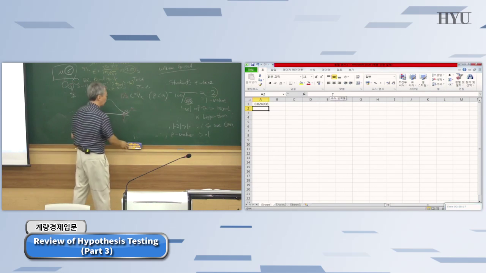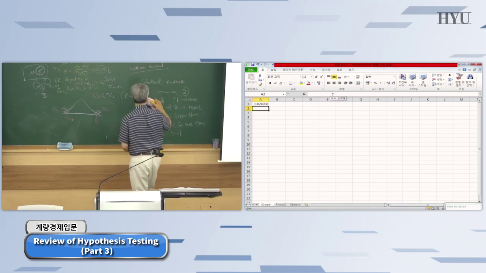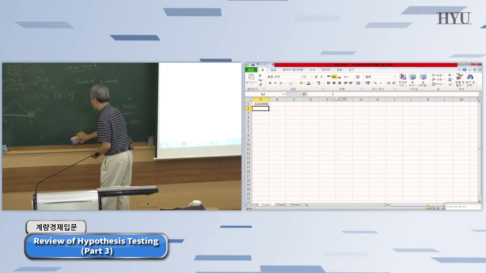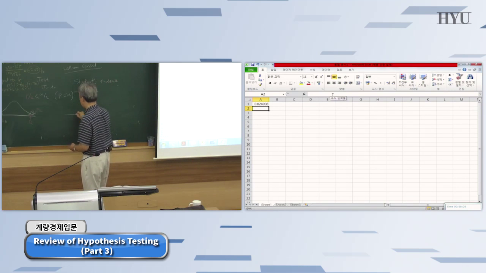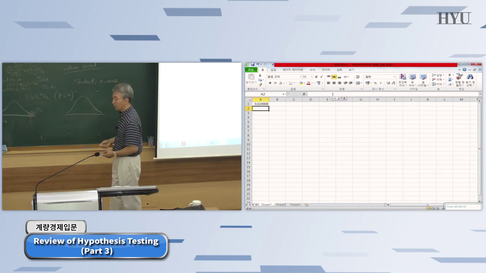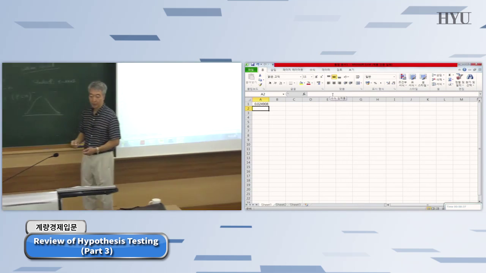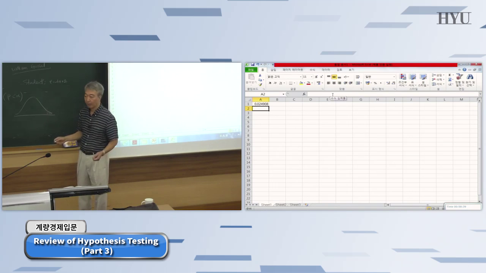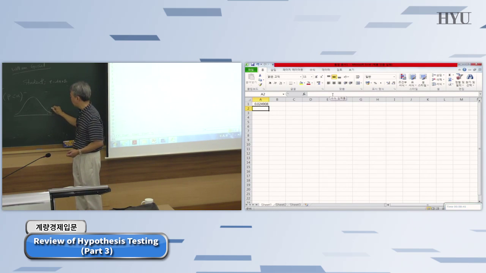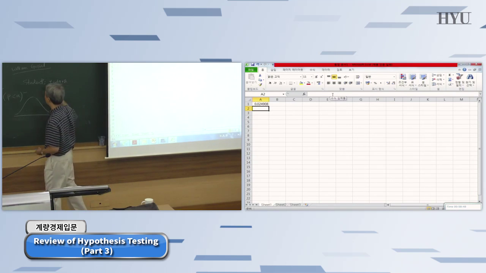Well, if you're running a one tail test, though, things are slightly different, right? If you're running a one tail test, you have the rejection region on only one side, right? And so if you want to be 95% confident, then you're going to set aside the entire 0.05 on one tail, depending on your alternative hypothesis.